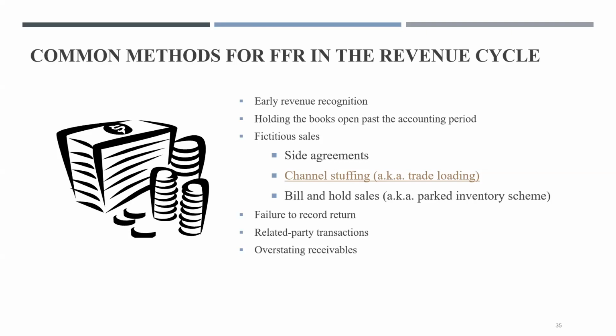What are side agreements? We have sales, and we have all the conditions of sales in our written contract. But on the other hand, as a supplier, you and the customer have a side agreement. So I say, okay, in terms of these 1 million sales, actually I can offer you a discount.